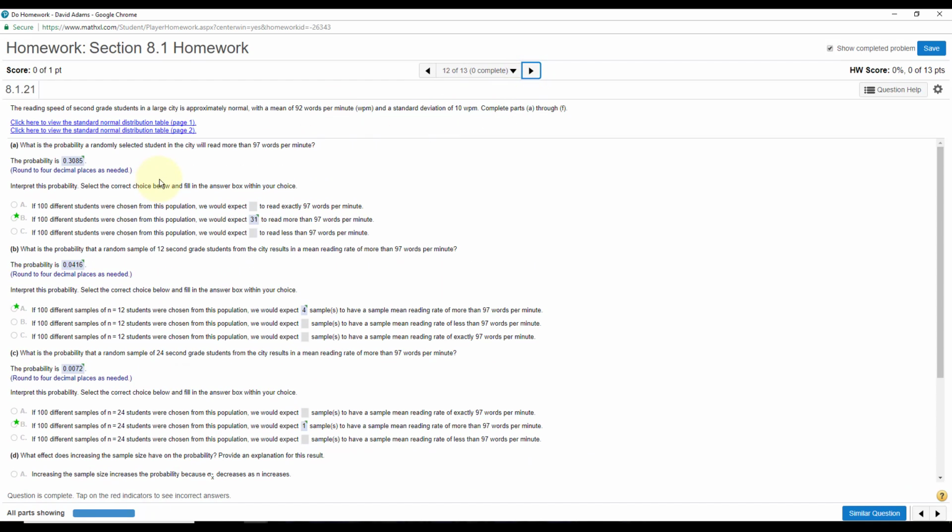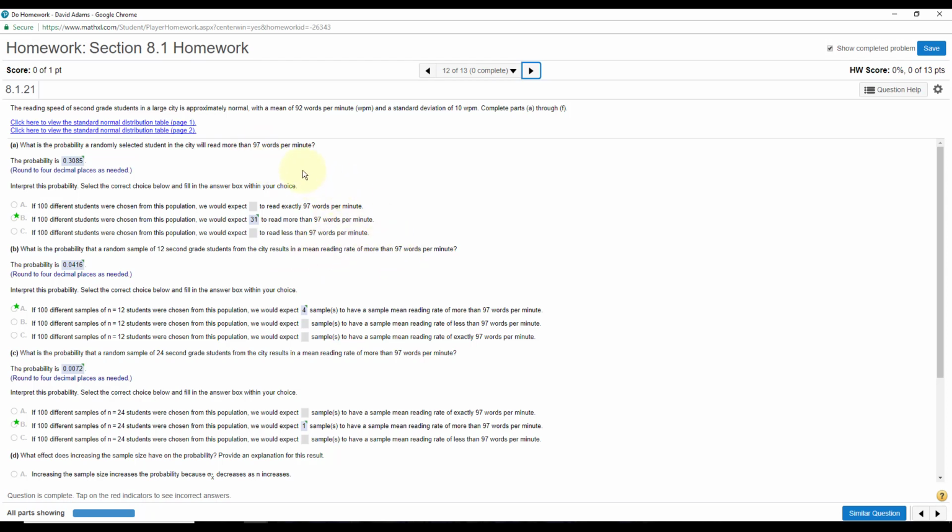So this problem is also very similar to the last problem, but in part A, it's a randomly selected student. So you're going to use a normal calculator. All right. You're going to use mu of 92 and sigma of 10. Then for part B, you're looking at a sample and you want to know what's the probability of getting an x bar that's more than 97.